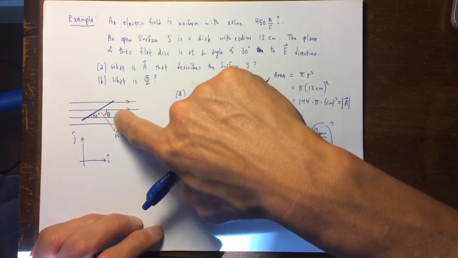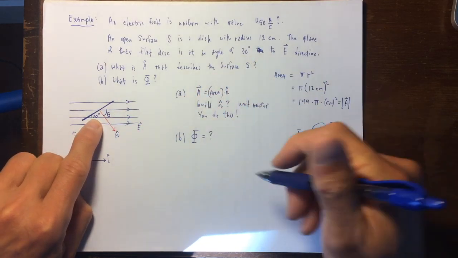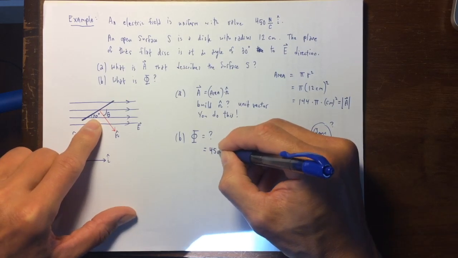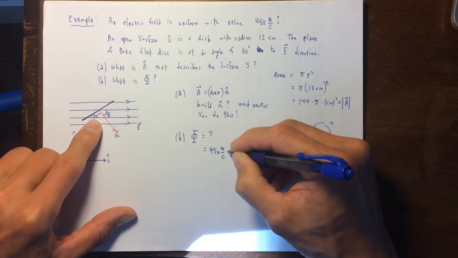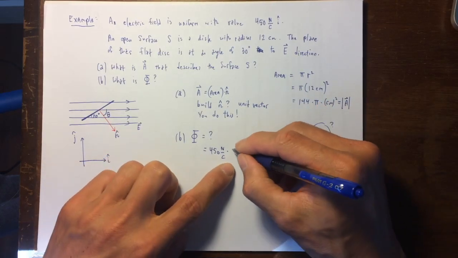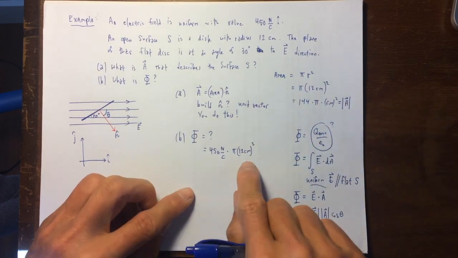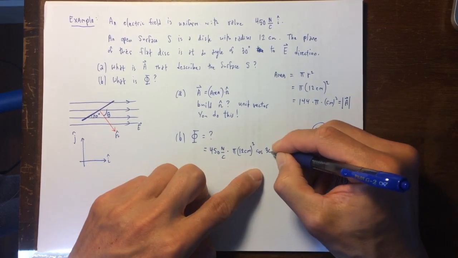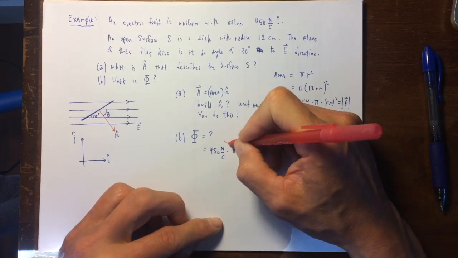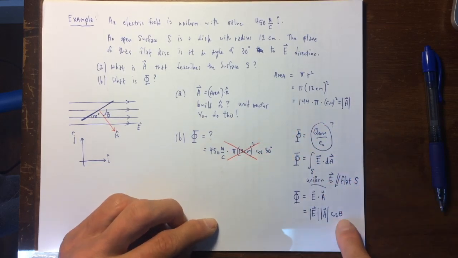Very carefully, this is not the given angle. If you had gone straight in and said, well, it's 450 newtons per coulomb times the area, where the area is pi times 12 centimeters squared, and then written cosine of 30, this is actually the wrong answer, because 30 degrees is not the correct angle.